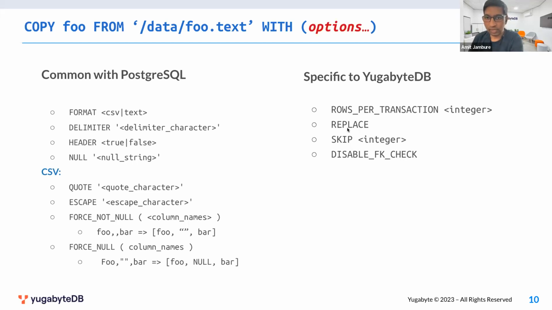Then there is another option, replace. The replace option enables what is called upsert mode. Whenever the copy command is inserting one row in the database, first it has to check whether that primary key already exists in the database. So that's a read operation. And only when that primary key doesn't exist, it will proceed to insert that particular row.